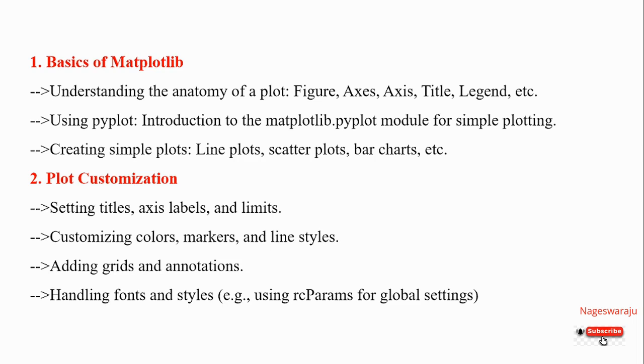Next, scatter plot. Scatter plot means we have some relation between one data and another data. At that time, the data is displayed relation wise. Next, bar plot. Bar plot indicates the plots bar wise.